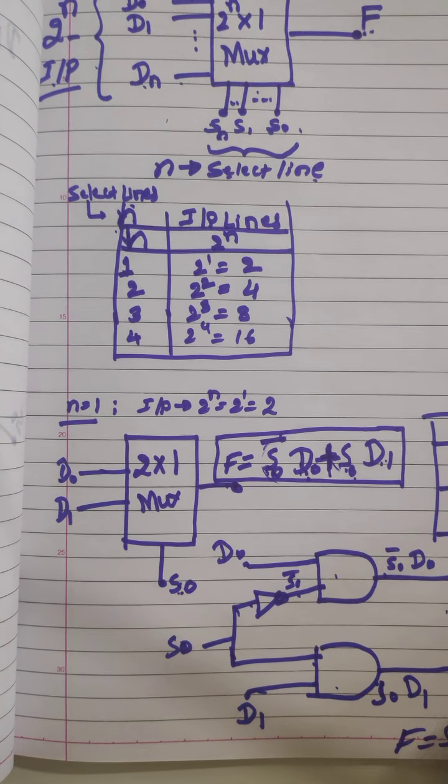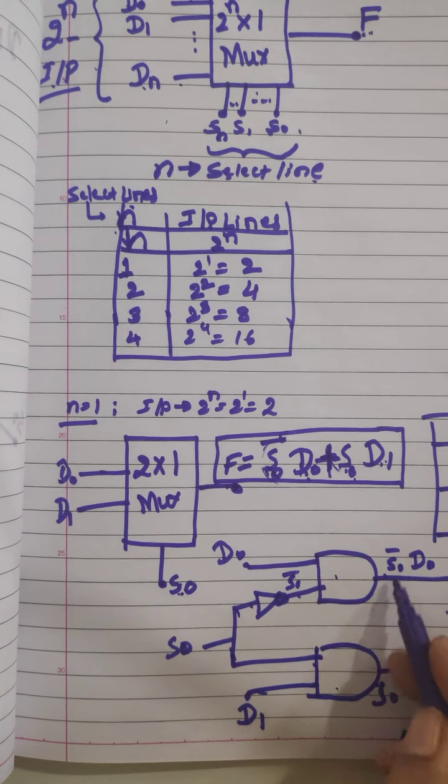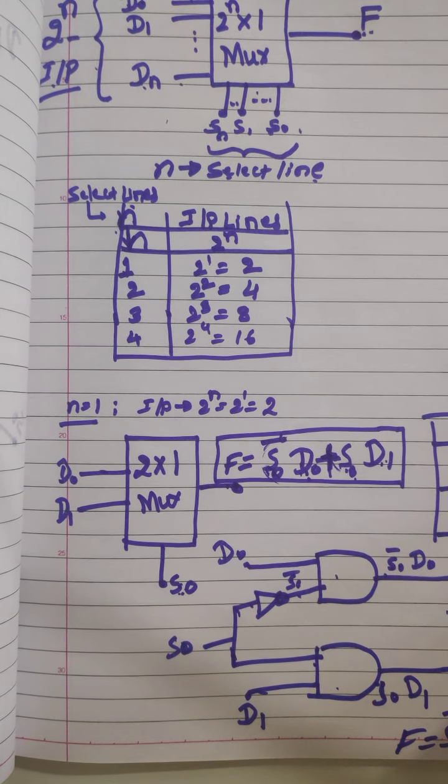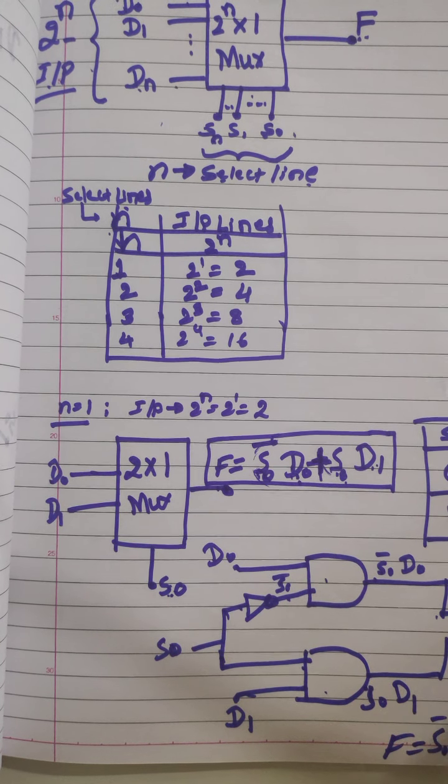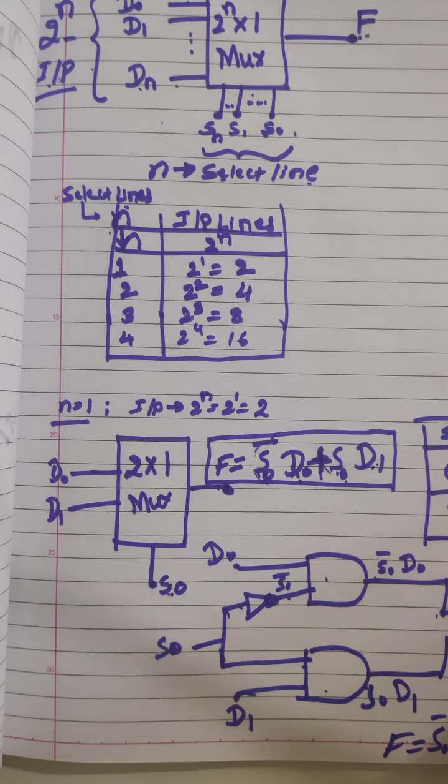The first term is S0 bar D0, plus the other input, which is S0 D1.